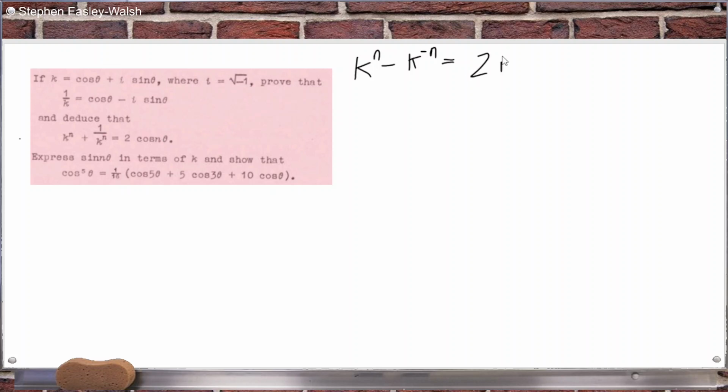So you'll end up with 2i sine n theta. So you get then the formula: sine n theta is equal to k^n minus k^(-n) all over 2i. So that's that part done just by the same logic as the previous part.